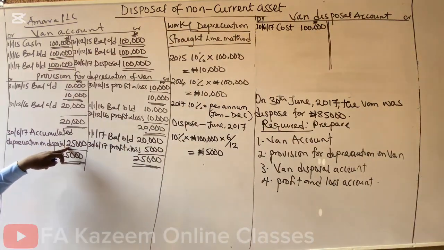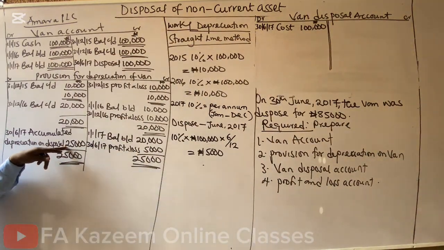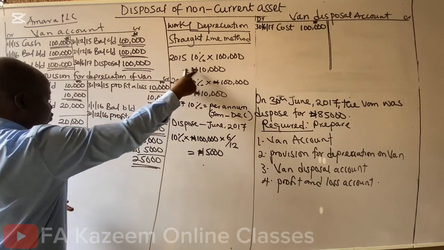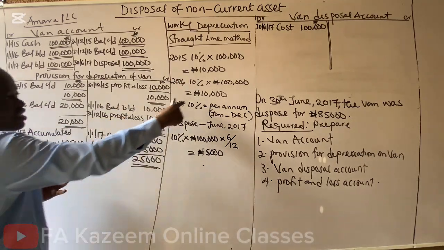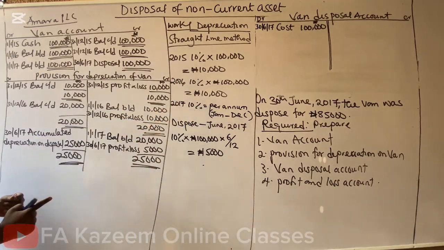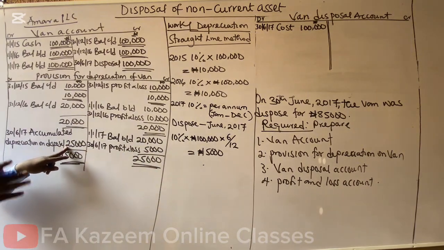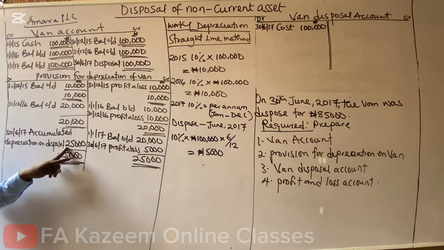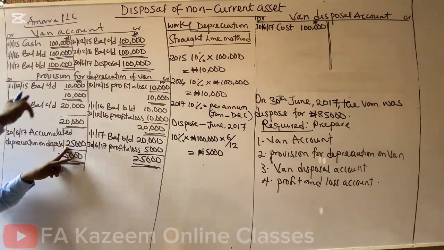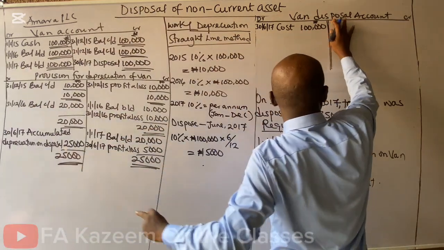How much have they set aside for this asset? First year they set aside 10,000. Second year they set aside 10,000, making 20,000. Third year they set aside 5,000. They have kept aside 25,000 for this asset. It's on what side? Debit. Take it to credit.